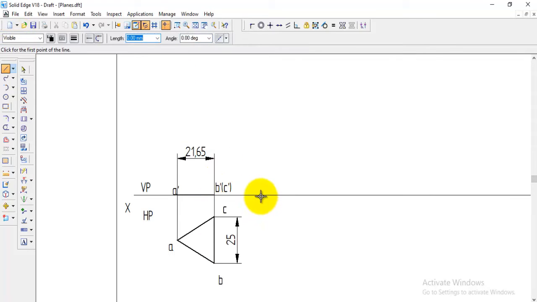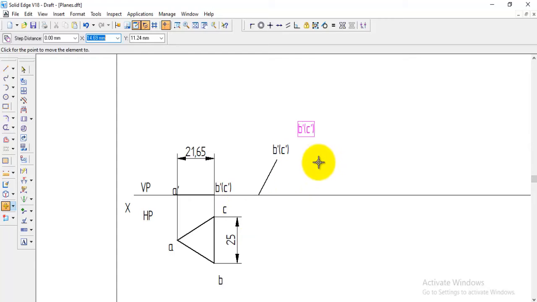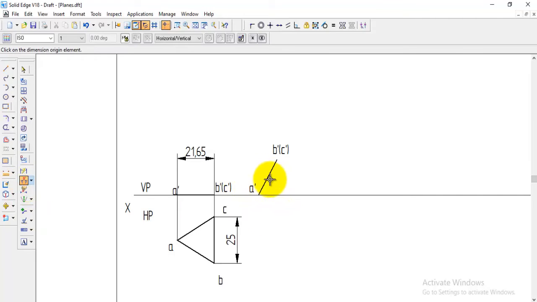Go to Line, Visible Line, click the line here, and the length we know is 21.65, and enter. The angle they gave is 60 degrees, enter 60 degrees. So we got it, and here we can move the namings. Switch on the copy, and this B dash C dash is here, and A dash is here, and you can show the angle using the angle command, 60 degrees.